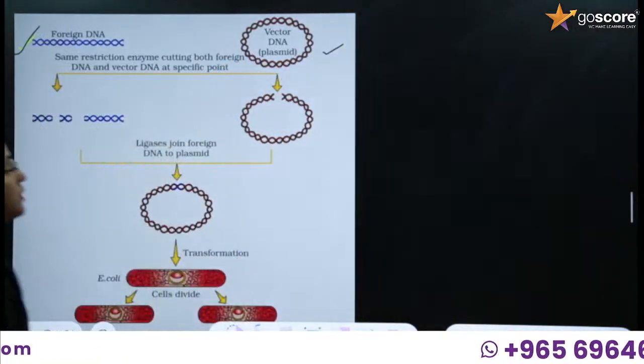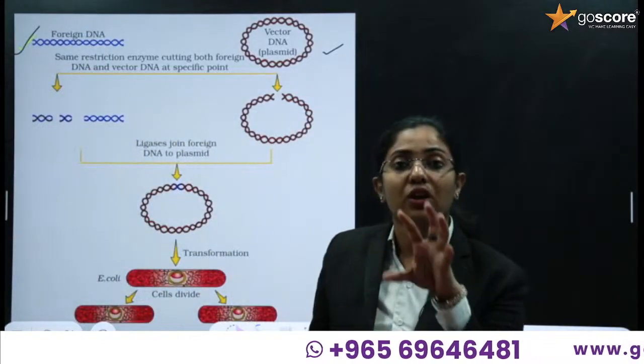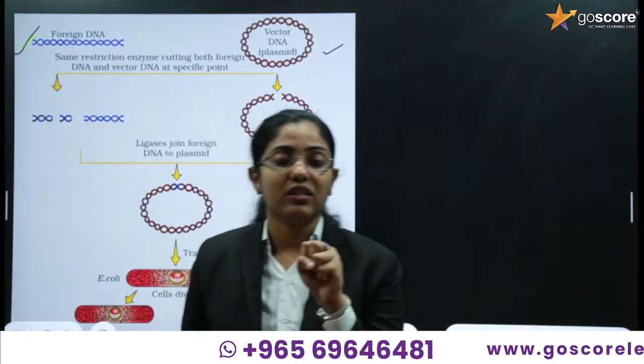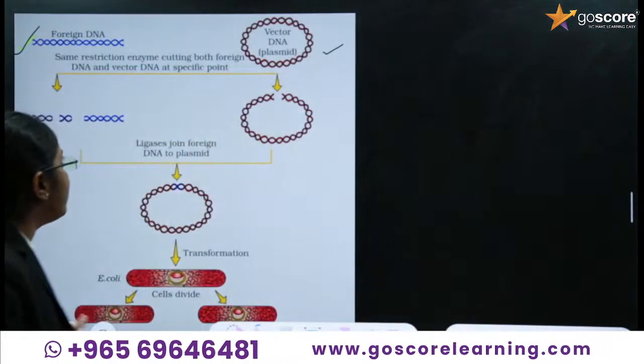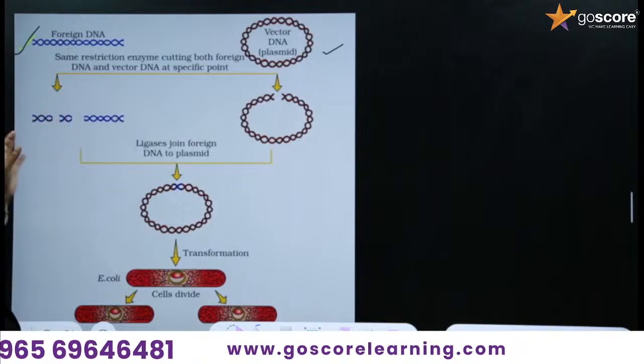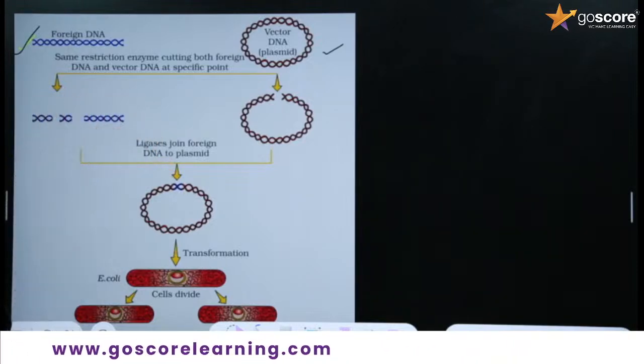We can call it a plasmid also. So what is a plasmid, my dear students? An extra chromosomal DNA which is present in bacteria is known as a plasmid. So from both these DNAs, what happens? Restriction enzymes will be cutting the foreign DNA and vector DNA at specific points.